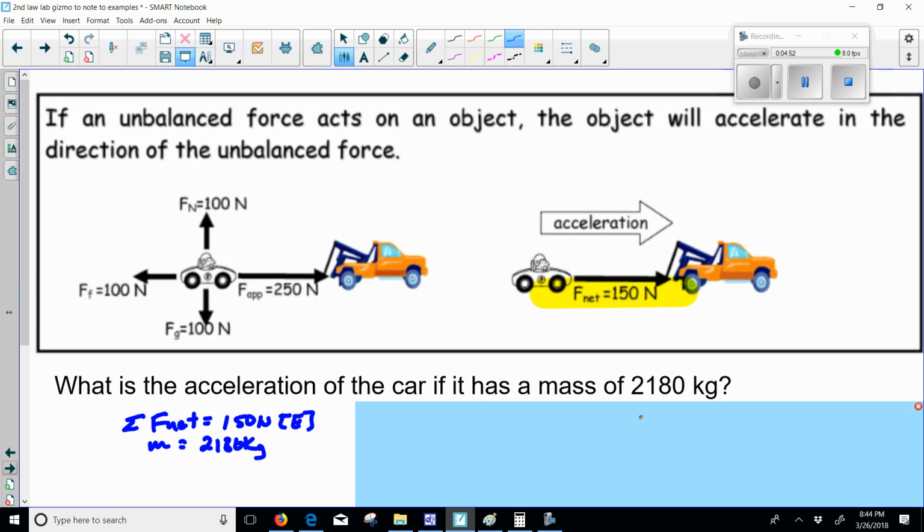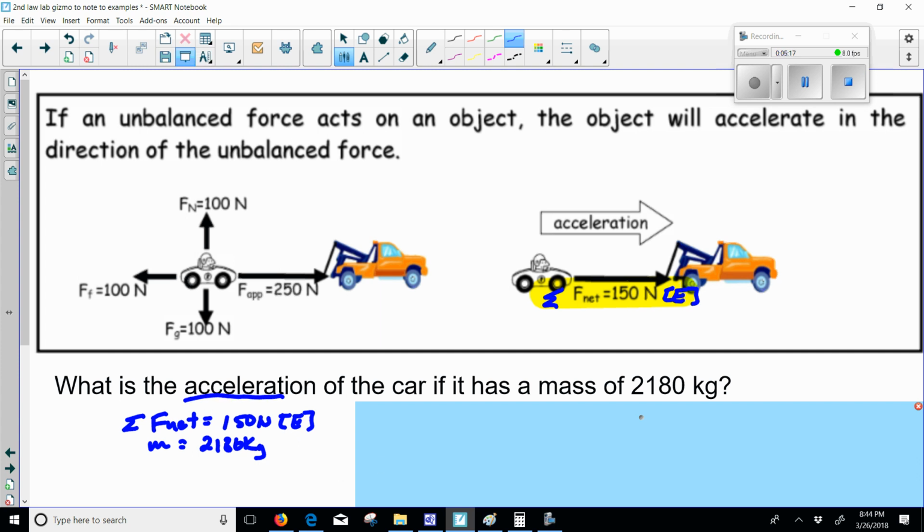Okay, now let's look at a very simple example question involving this relationship and this equation. Recall that we had a whole bunch of forces acting on this vehicle, and the sum of the forces acting on it was 150 newtons towards the east. Let's assume that the mass of the car is 2,180 kilograms. What if I want to know the acceleration?